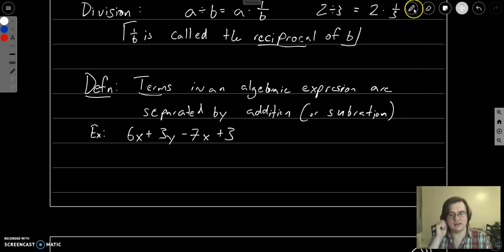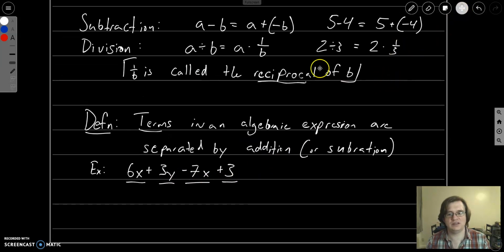And then when we have multiple parts to an algebraic expression, we'll call these terms. So terms are specifically separated by addition, but remember that subtraction is just addition in disguise. So this expression here has 4 terms in it.